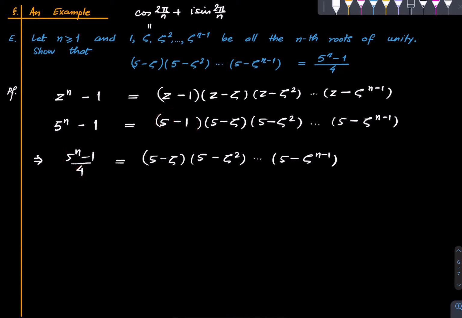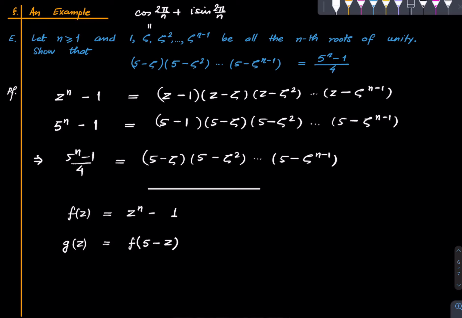The other way is the following. Define f of z as z to the n minus 1. All right. And then define g of z as follows. So g of z would be f of 5 minus z.